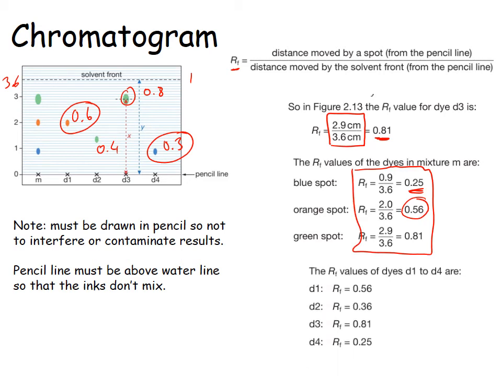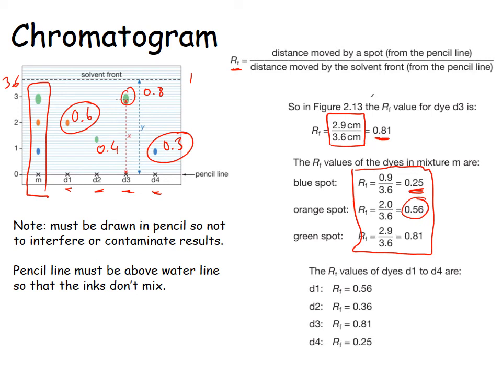The second thing you also have to do is you have to be able to identify which dyes make up your ink. So here's your ink, and you have to identify which of the dyes make up this ink, because remember it's a mixture and we're separating mixtures in this topic.